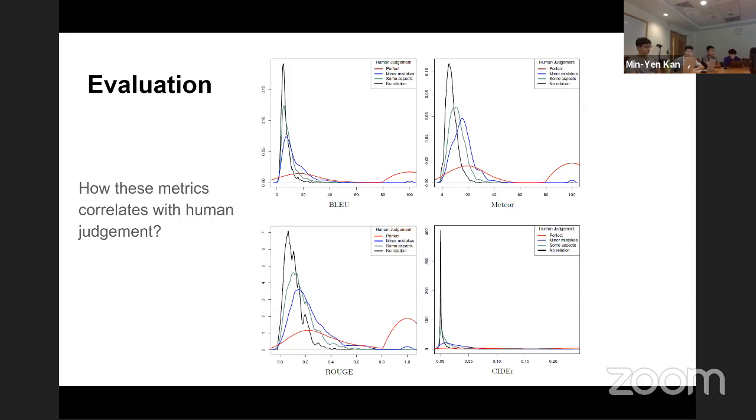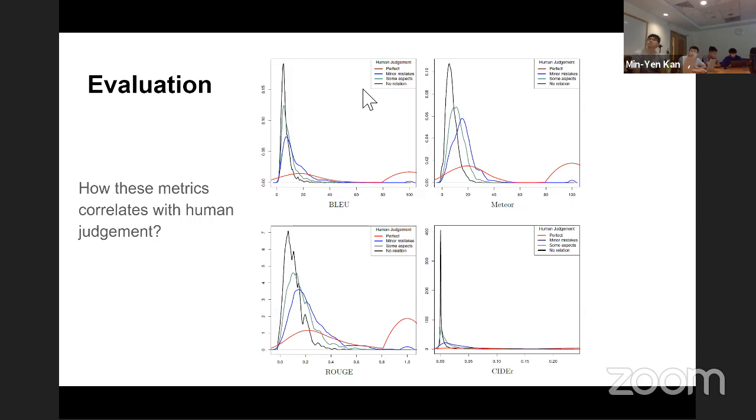Well, I didn't say the graph. The lower value is bad, is good or bad? Sorry? When it's closer to zero, it means there's no correlation with BLEU. The score goes from 0 to 100 for BLEU on the x-axis, and the correlation value is on the y-axis.